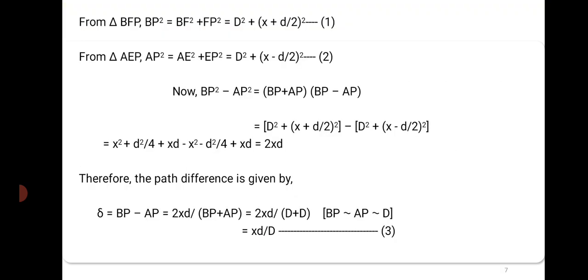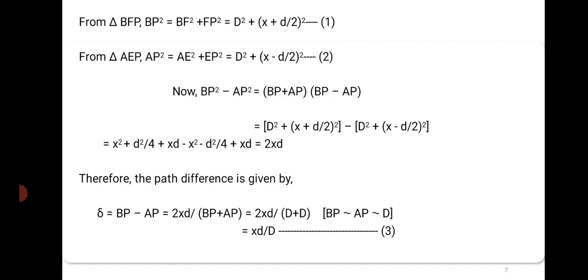From triangle BFP, BP square is equal to BF square plus FP square, which is D square plus (x plus d by 2) whole square, equation number 1. From triangle AEP, AP square is equal to AE square plus EP square, which is D square plus (x minus d by 2) whole square, equation number 2.